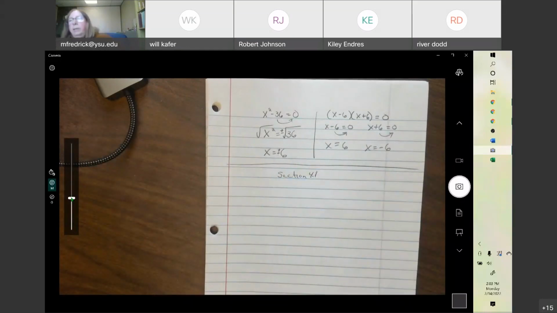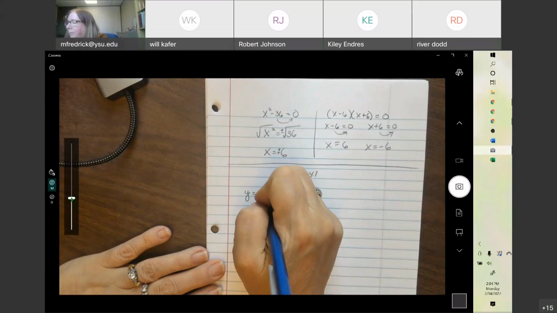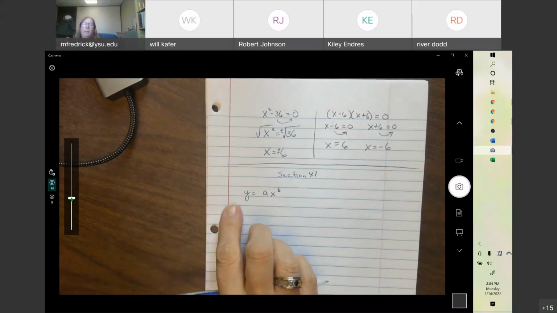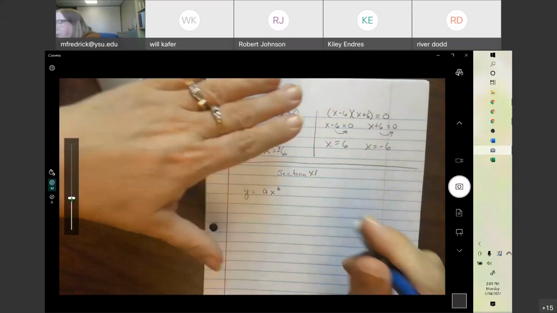Section 4.1 covers the power function, and we did a little bit with the power function last class. Well, we had Desmos give us the equation for the power function. The formula for it is y equals ab to the x.